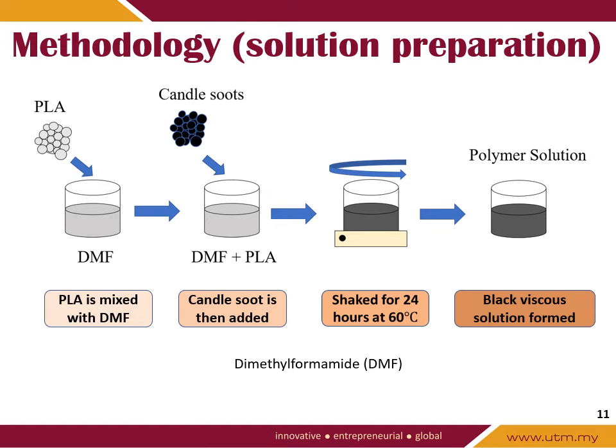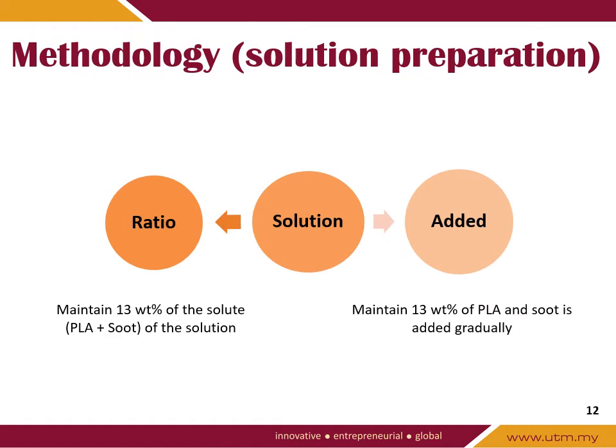This is the overall process of the solution preparation. First, PLA is mixed with DMF, and then candle soot is added. The solution is then shaken for 24 hours at 60 degrees Celsius, forming a black viscous solution. There are two sets of samples produced.